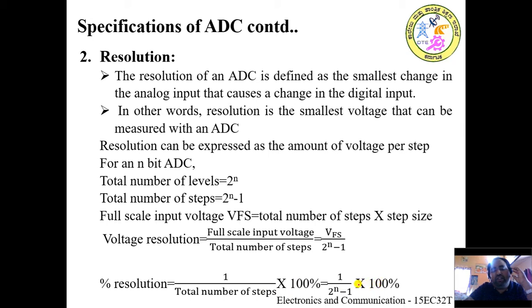Whenever the resolution is asked in percentage, you are supposed to use this formula, and whenever the full scale input voltage and the number of bits in the ADC are given, then in order to find the resolution we should use the earlier formula.